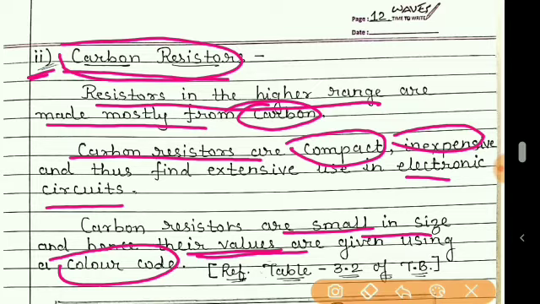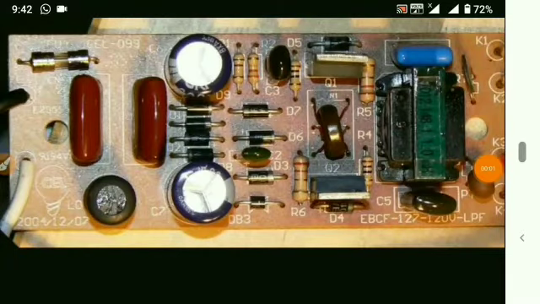For example, if there is a capacitor, then its value is printed on that capacitor. If there is a cell or a battery, its value is printed on that. But these carbon resistors are so small that their values cannot be printed on them, and so there are color codes to find their value.